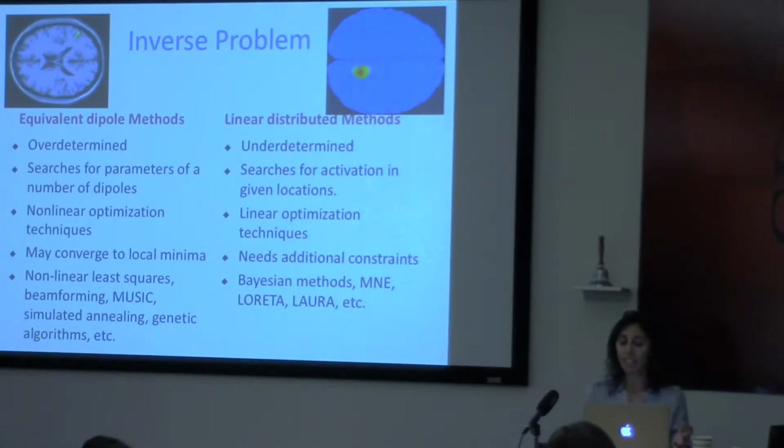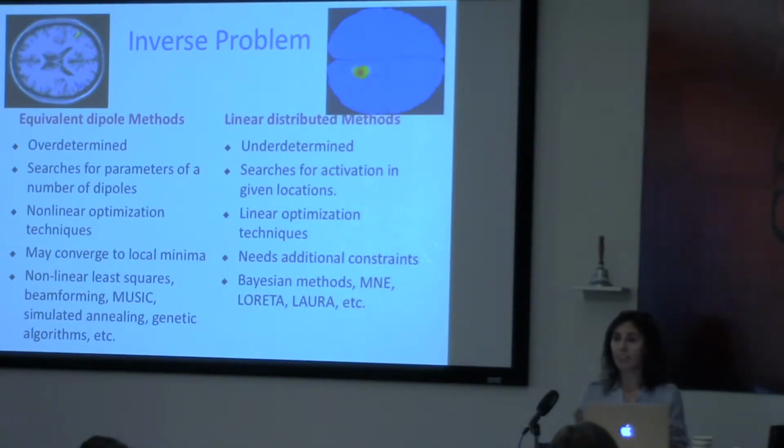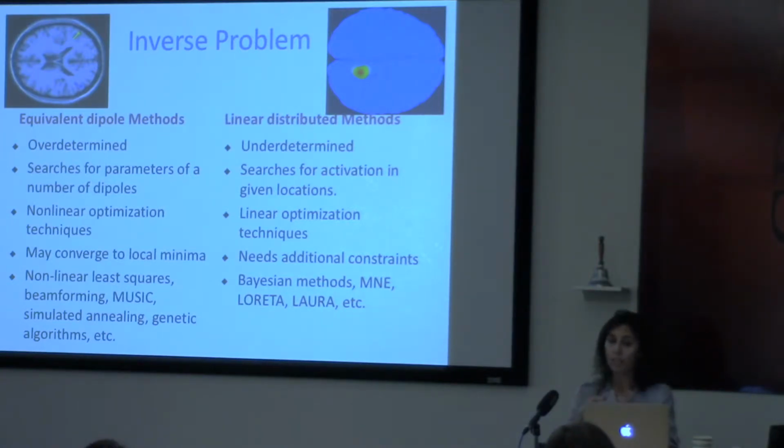These need additional constraints, like source localization may need additional constraints to have smooth sources, compact sources, or sparse sources. And the source space has constraints, like the cortical surface, or the cortical surface with perpendicular dipoles.